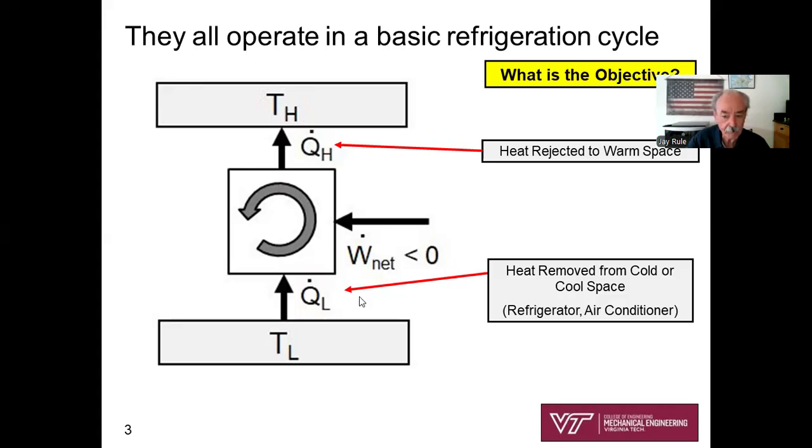Now, we all know that you can't transfer heat on its own from cold to hot. And so what it costs you to operate this refrigeration cycle is power. So you have to invest power in order to transfer heat from cold to hot. That's the basic idea of chapter 10.